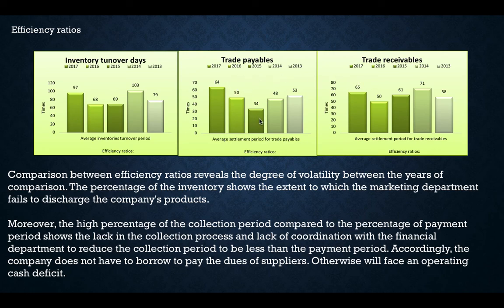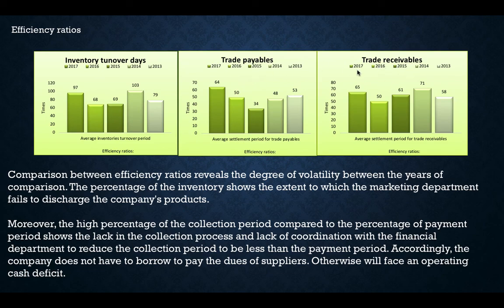For example, here I pay the supplier after 34 days, and I collect money after 61 days. From where am I going to pay? This means I'm going to pay from a loan, or I have to take a loan to pay our supplier. So this is a bad indication of the finance department.